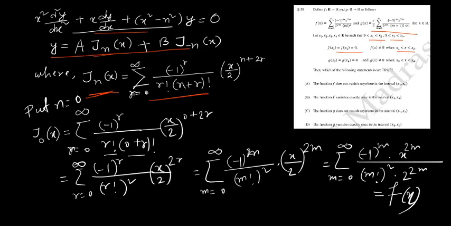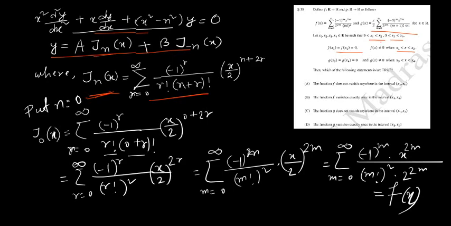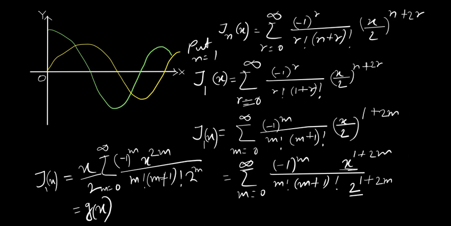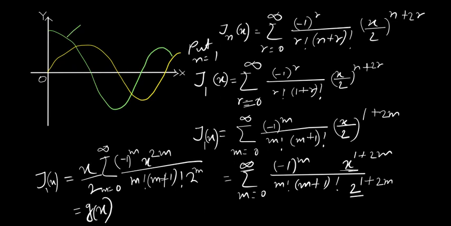And the curve J_0(x) is this. This is the curve J_0(x), and this yellow curve is J_1(x). J_1(x) is g(x), and J_0(x) is f(x).